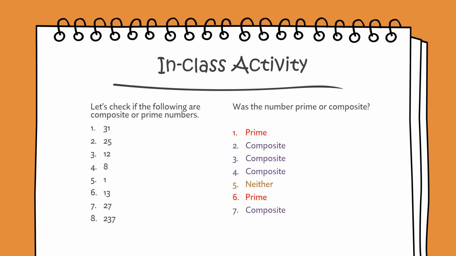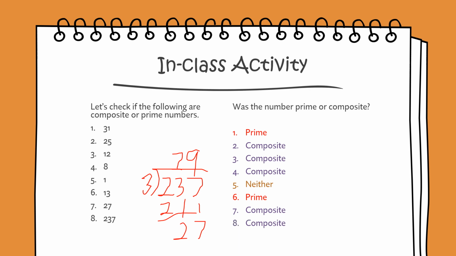So, if we're looking at this, 3 goes into 23 7 times, and goes into 27 9 times. So our answer would be 79, and so we still know that it's a composite number.